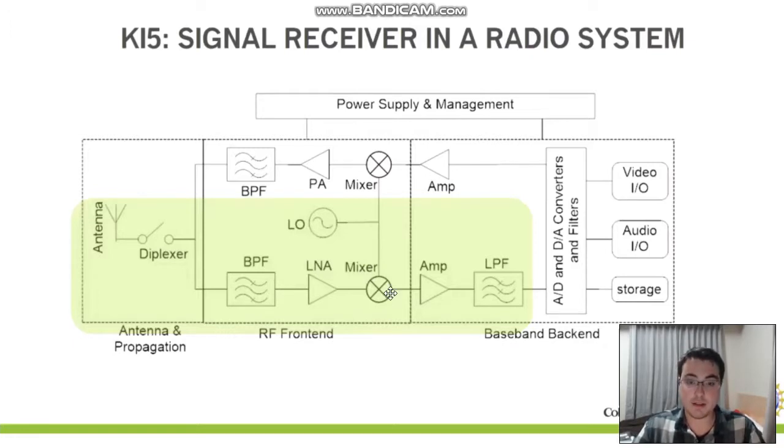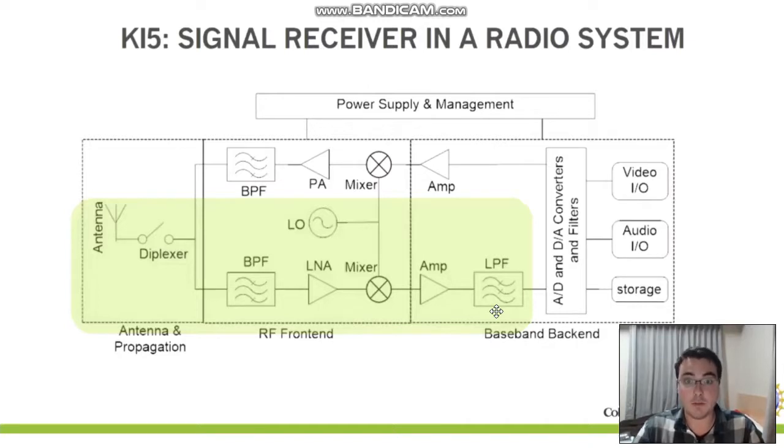So what this does is it takes the baseband signal that we want to receive out of the carrier signal that was broadcast by a radio tower or station. After this process occurs, it goes through an amplifier to amplify the signal more, and then a low pass filter to try and kill the outside frequencies that we don't want. So the repetitions of the frequencies.